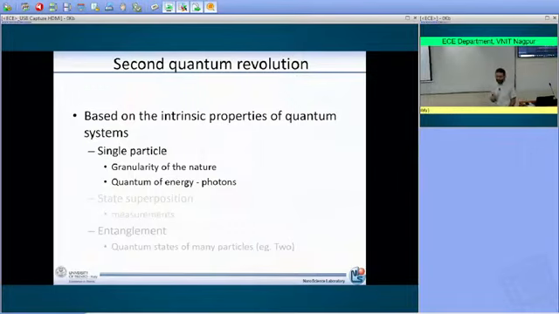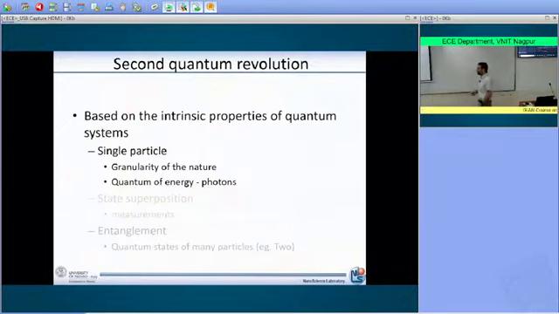The first property, which is the most important and the reason why it is called quantum, is the fact that nature is not a continuum of states, not a continuum of atoms, not a continuum of anything, but has an intrinsic granularity. That means that everything is quantized. The energy is quantized, the light is quantized, and the quanta of light are the photons.